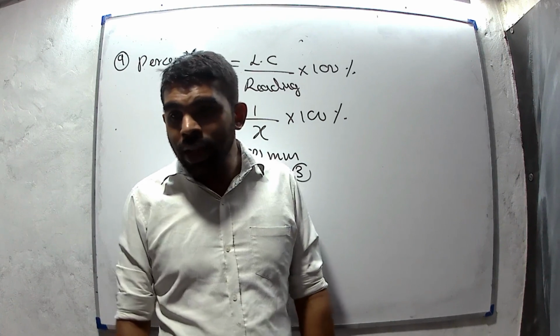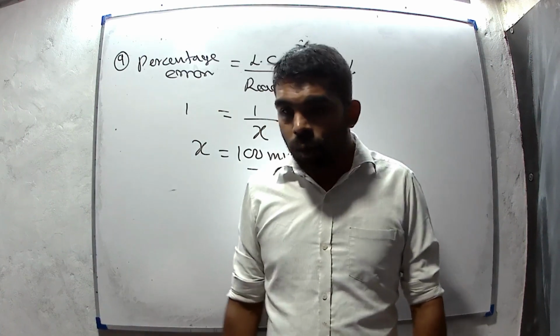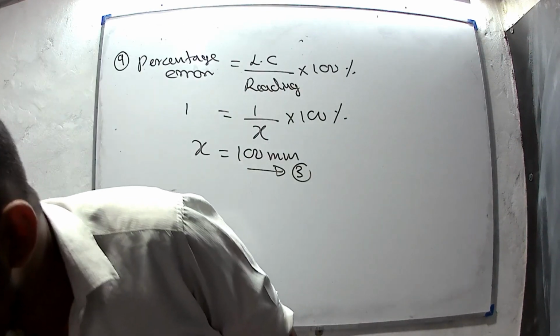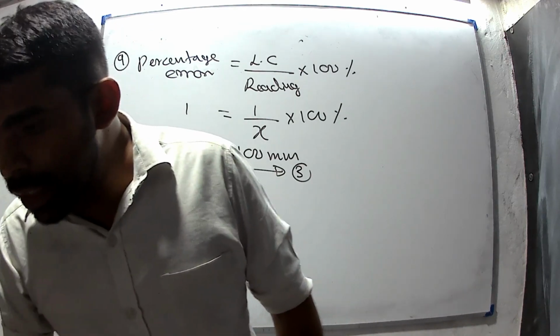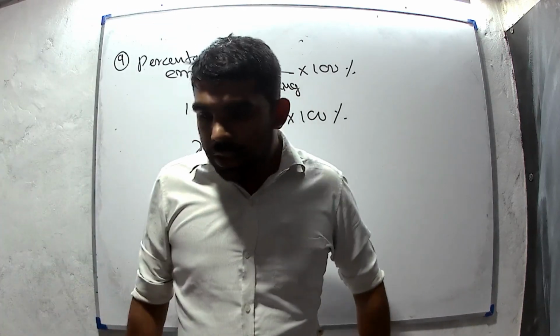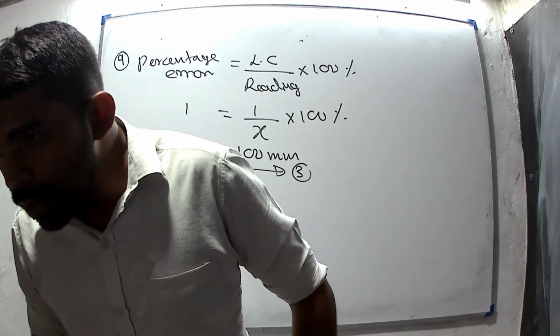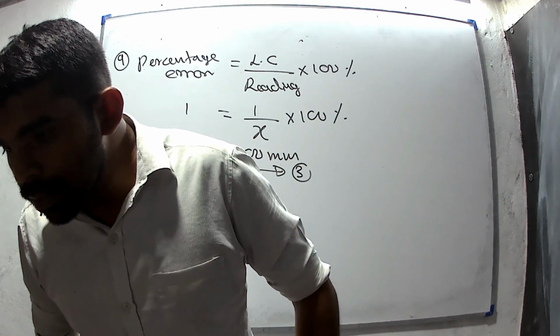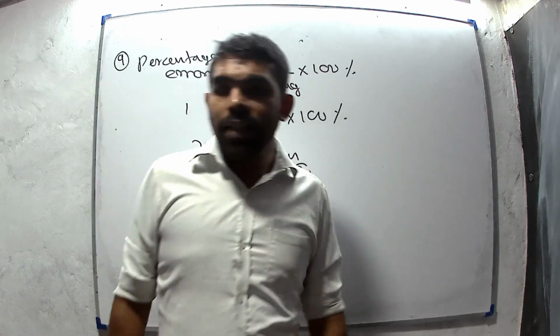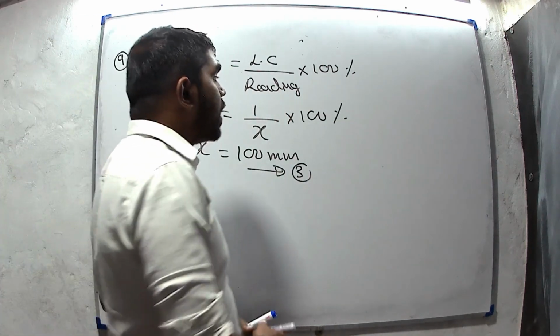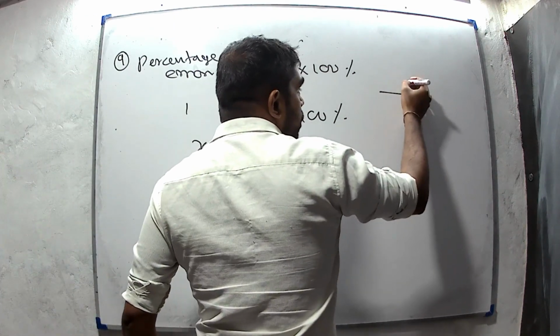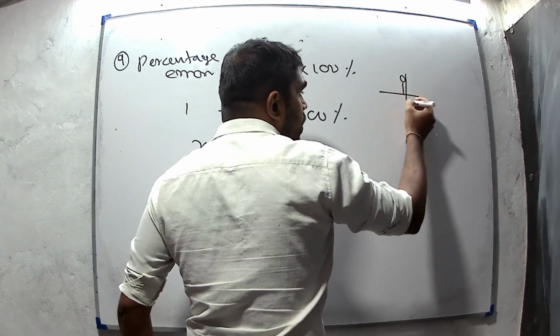Coincided circular scale part is 1, 2, 3, the third part. Third part, and the scale is like this. It is like this.